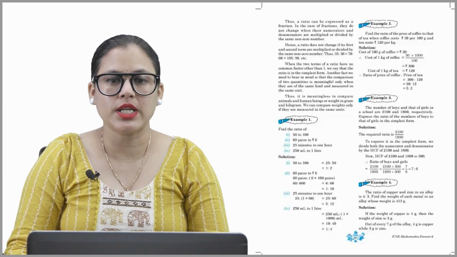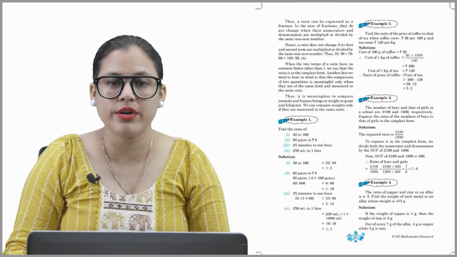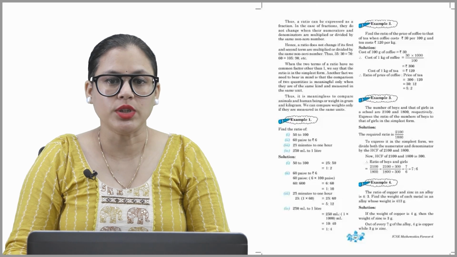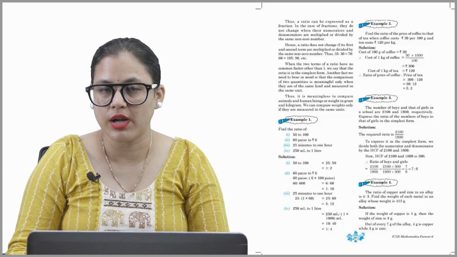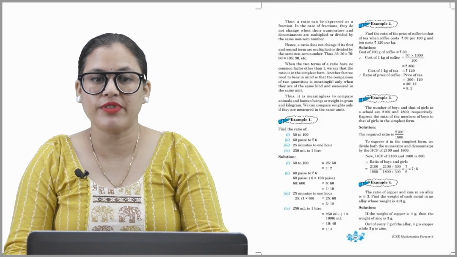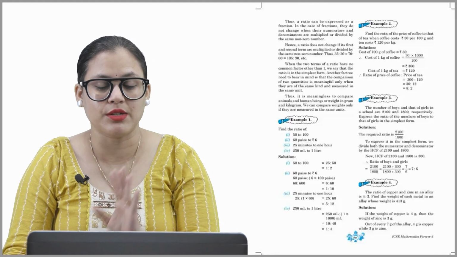Hence, a ratio doesn't change if its first and second term are multiplied or divided by the same non-zero number. Thus, 35 is to 30 is equal to 70 is to 60 is equal to 105 is to 90, etc. When the two terms of a ratio have no common factor other than 1, we say that the ratio is in the simplest form.